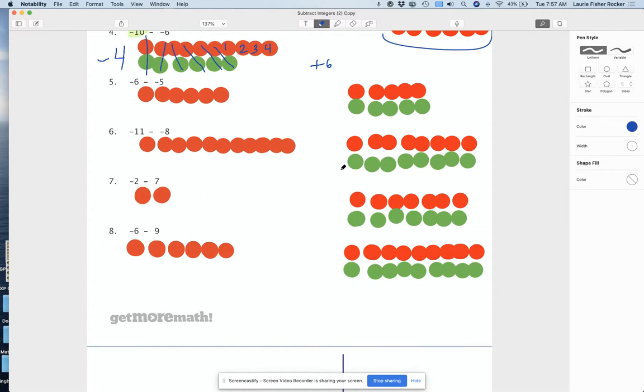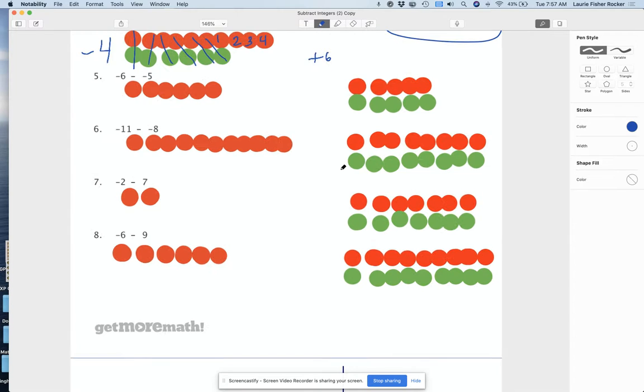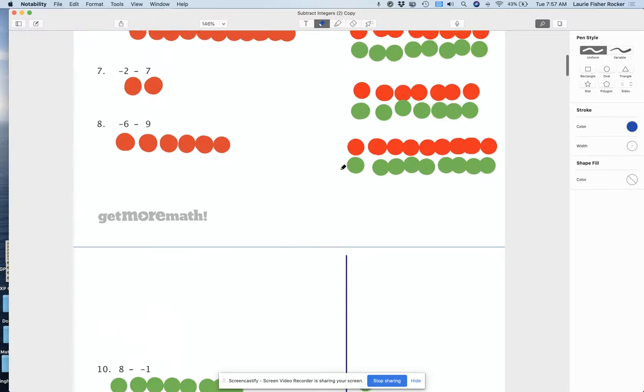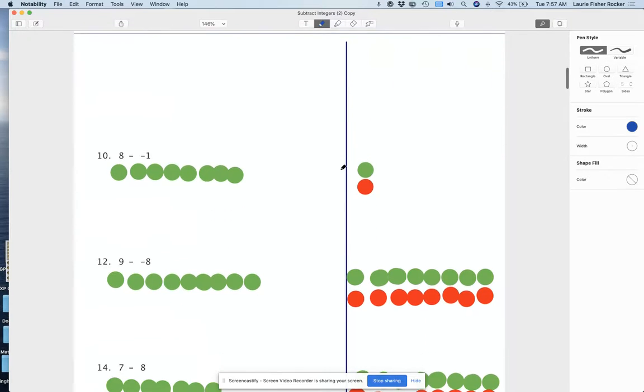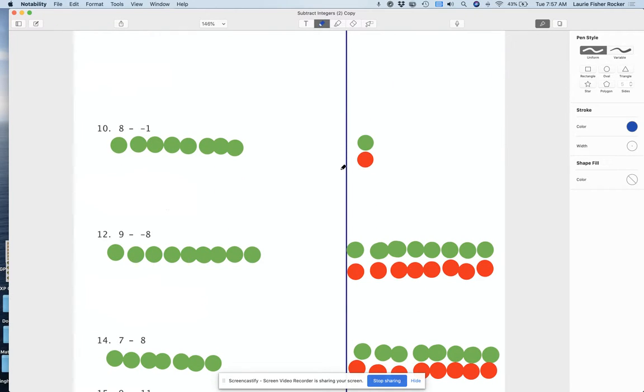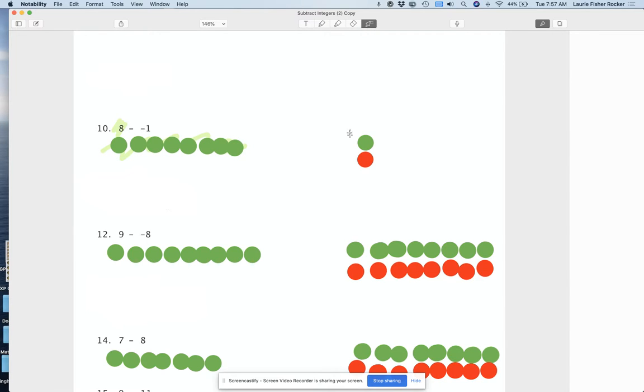All right, so we've done some that start with negatives. Let's do one that starts with some positives. 8 minus negative 1. So we start with 8, and here's our 8 positive counters, and it's minus negative 1. So we're going to put in a 0 pair.